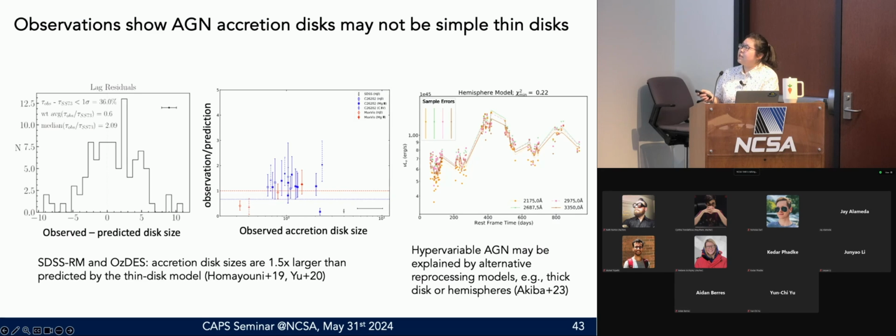And then we also see that hypervariable AGN may be explained by alternative reprocessing models. So say they have a thick disk or some sort of hemisphere geometry where different parts of the accretion disk are doing different types of things.